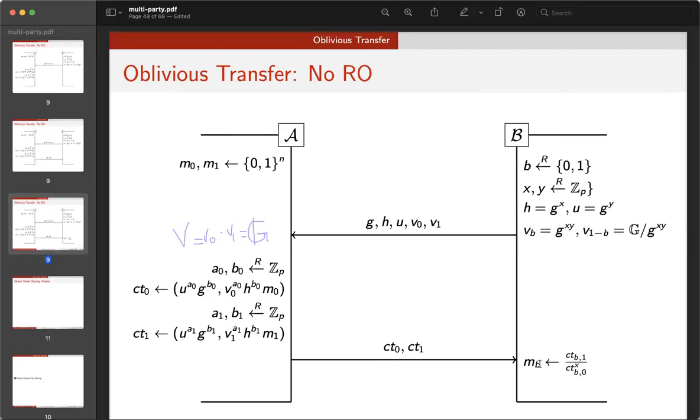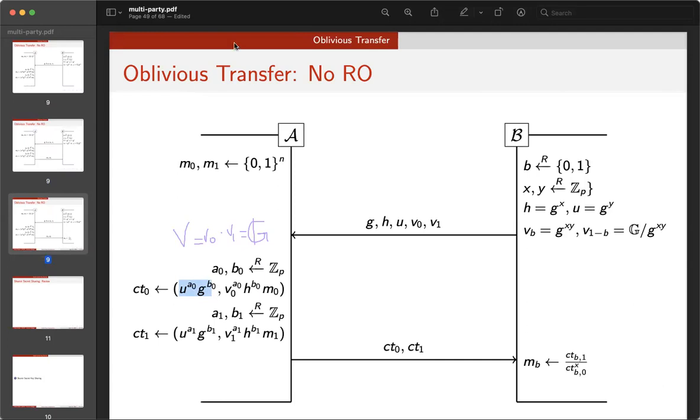So let's talk about correctness here. How do we know this works? Well, U to the A0 times G to the B0, what does that correspond to?